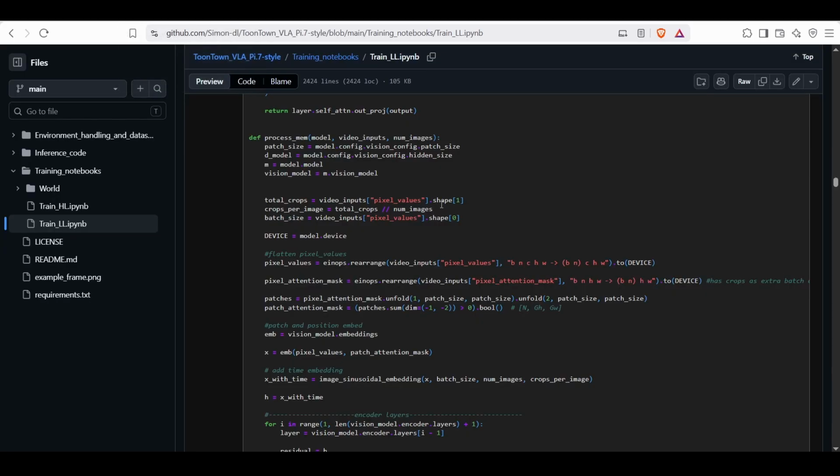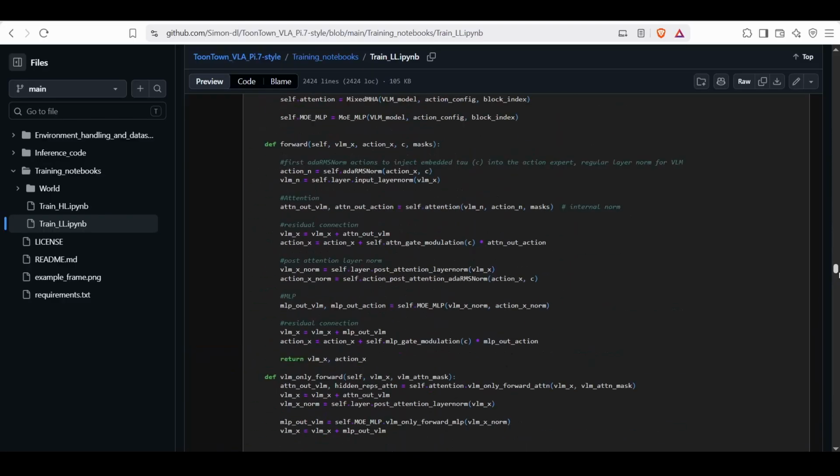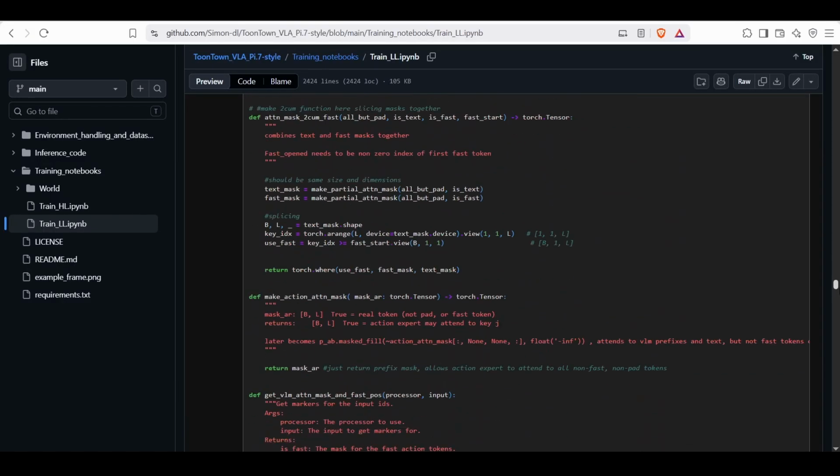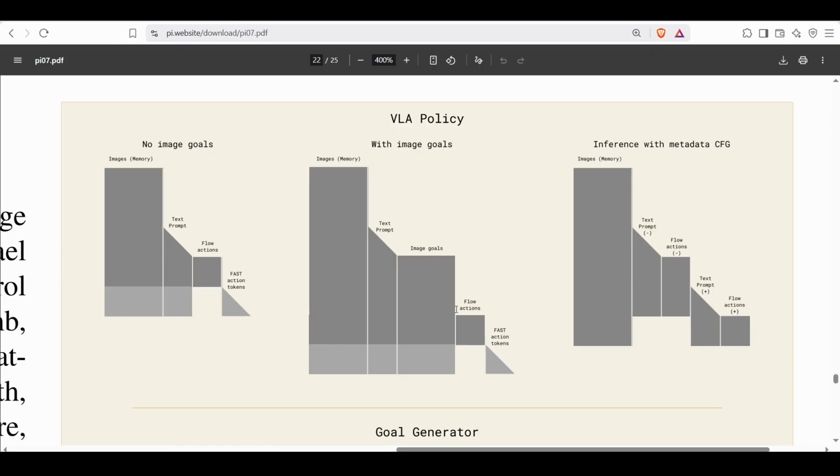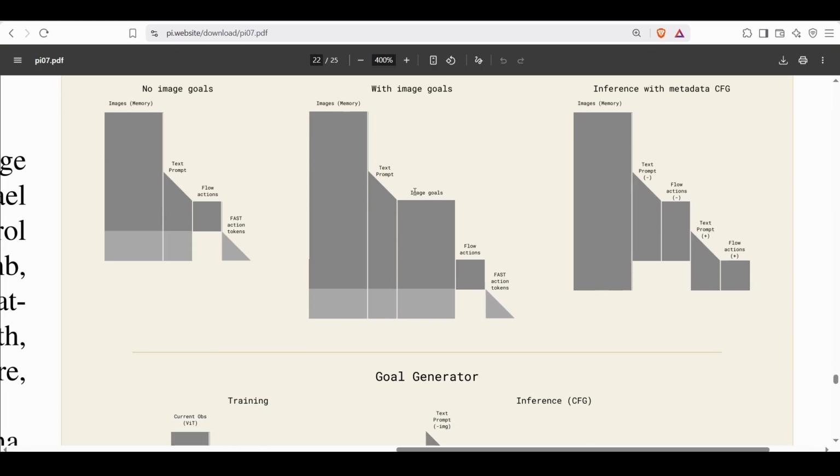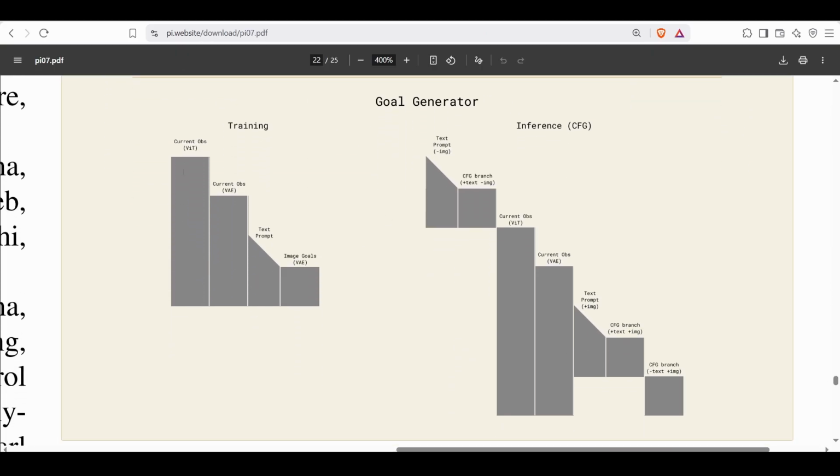If you go to my code, you can find this somewhere. Yeah, this is what I called it. You can probably find a better name for it, but I made this insane mask. And it's even worse when you go to the world model.